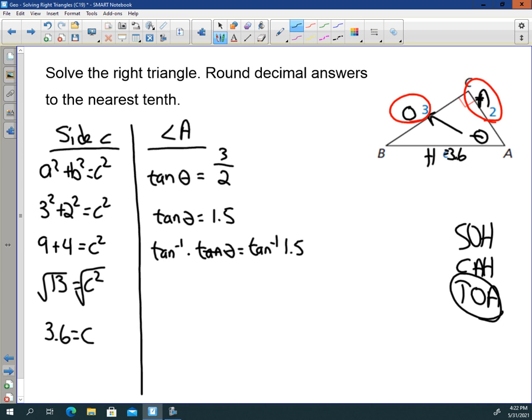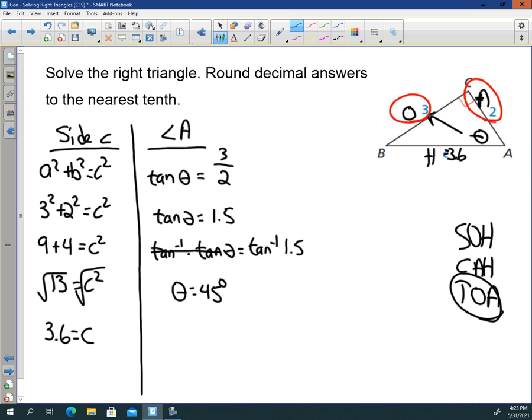These quote-unquote cancel, and I have theta equals the tan inverse of 1.5. Oh, interesting. So I know that angle A is a 45-degree angle.